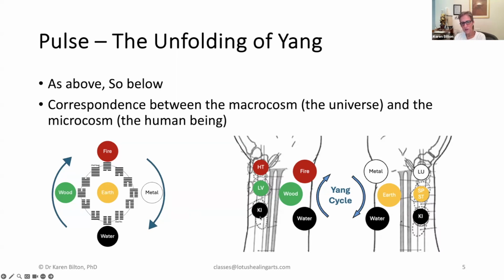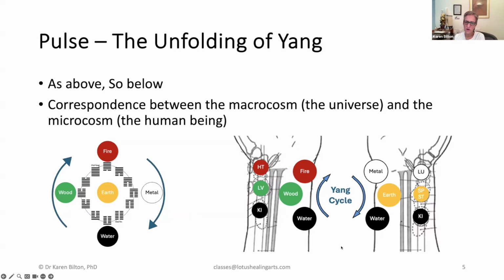On our left side of the pulse, we've got our kidney, liver, and heart, which is water, wood, and fire. On the right side of the pulse, we've got our lungs, spleen, and stomach, and kidneys. So we've got our metal, our earth, and our kidney.